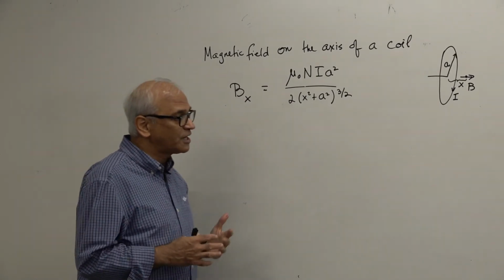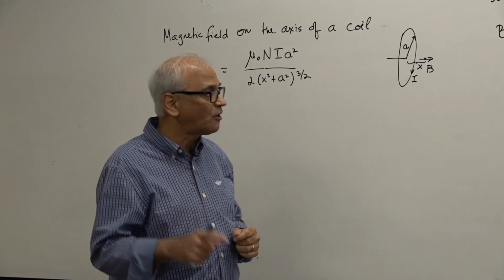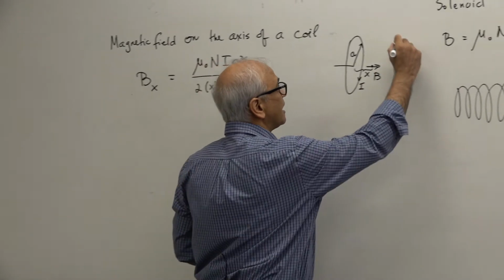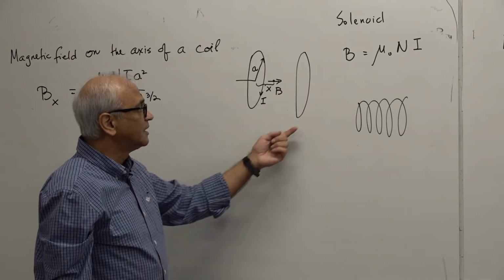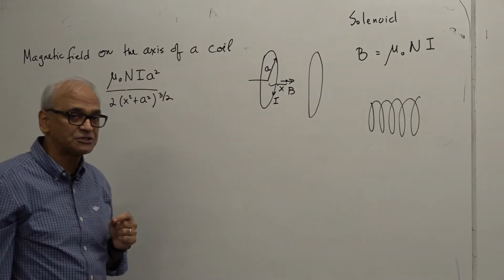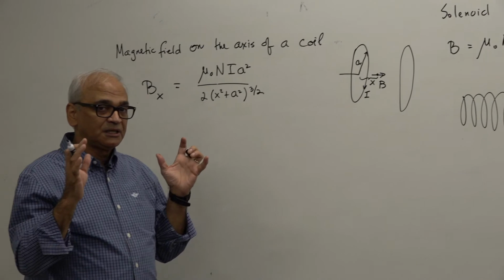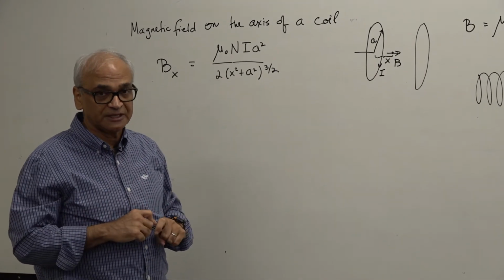What we are going to do is first experiment with only one coil, then put in another coil and measure the magnetic field in between these two coils. But first, you have to sum up the magnetic fields from the individual coils and get a mathematical expression.